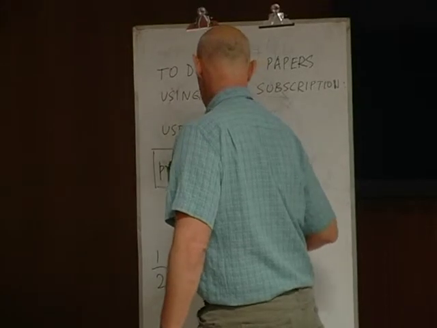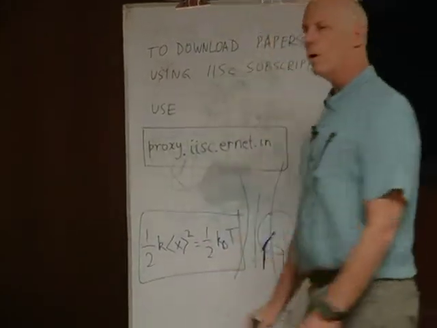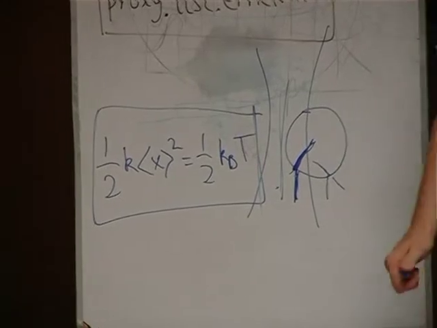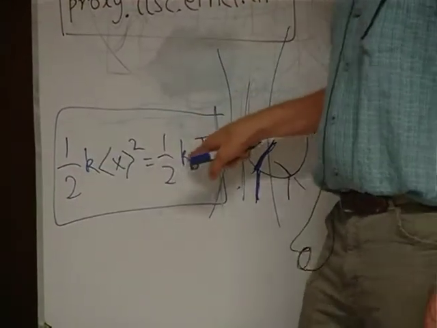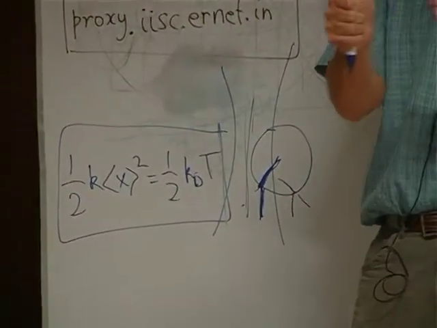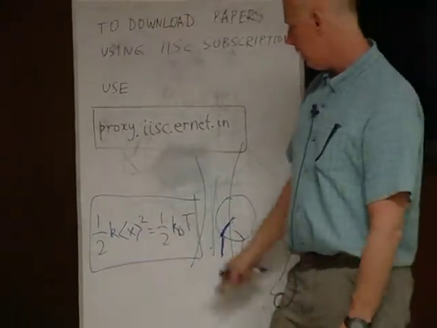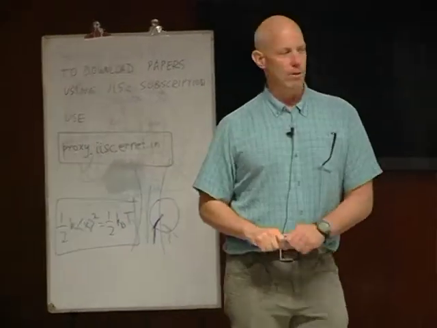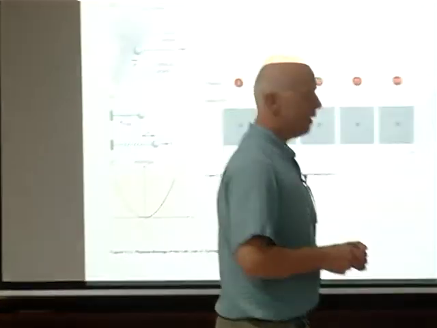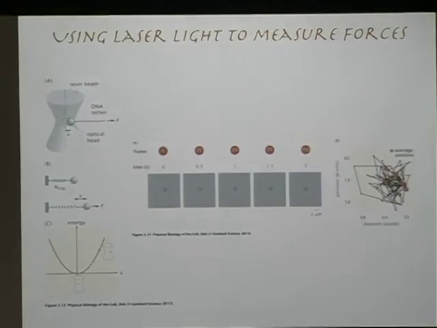I'm only doing this in one dimension. But you can use this to work out the stiffness of the trap, because the stiffness is going to be kBT over average x squared. So what you do is you measure how far the bead jiggles. You calculate the variance, basically, and then you put that in the denominator, kBT in the numerator, and that gives you the stiffness of the trap.